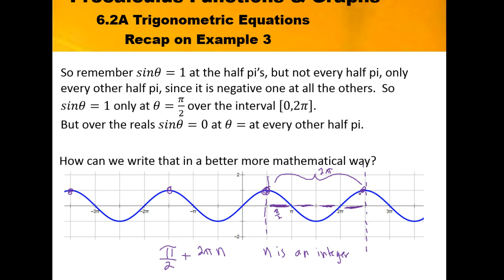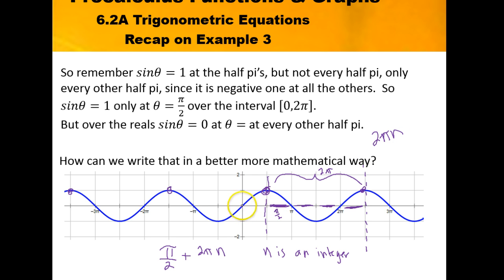Okay? So I want to go back a slide so I can show you the difference. This repeats itself every 2 pi, so we have to talk about the first one. We can't say just 2 pi n, because when n equals 0, we're saying 0 is the solution.